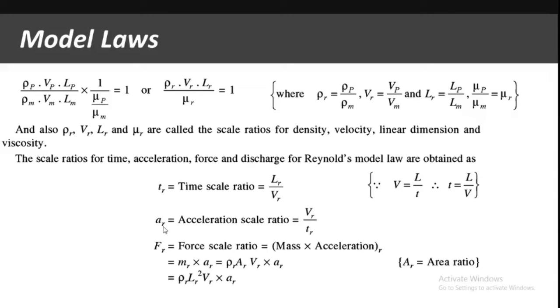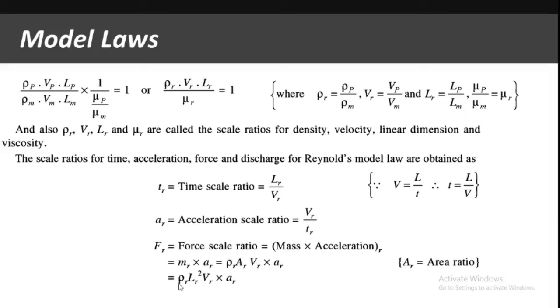Similarly force ratio. Force is mass into acceleration, therefore force ratio is the product of mass ratio into acceleration ratio. We know mass is the product of rho A V, by continuity equation. So it will be density ratio into area ratio into velocity ratio into acceleration ratio.